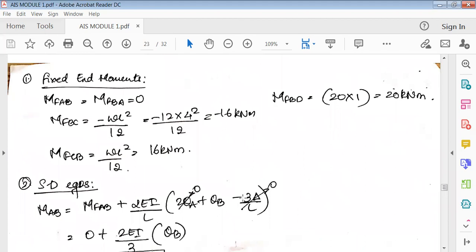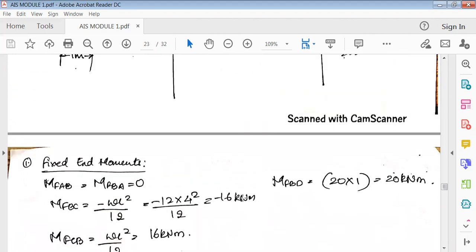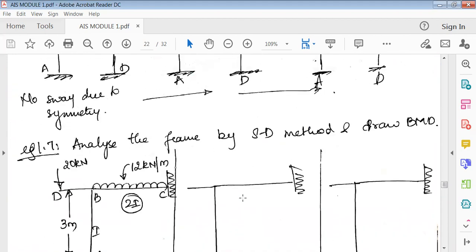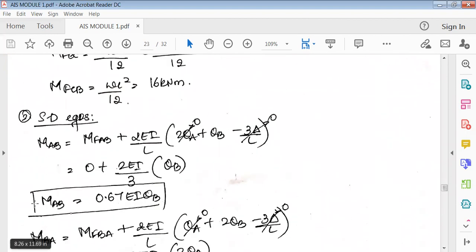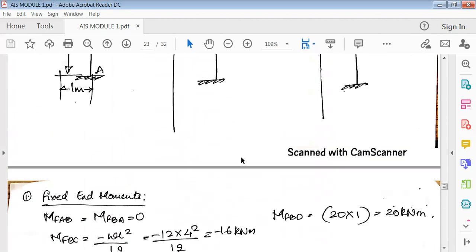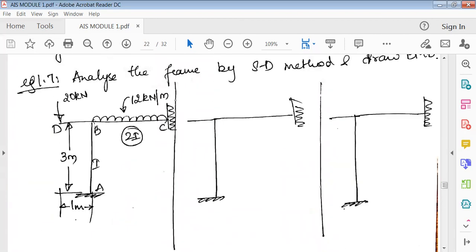In the slope deflection equation, MAB is equal to the same formula, MFAB plus 2EI by L times 2 theta A plus theta B minus 3 delta by L. Now again you can see here, theta B will exist. Theta C is fixed, 0. Theta A is fixed, 0.